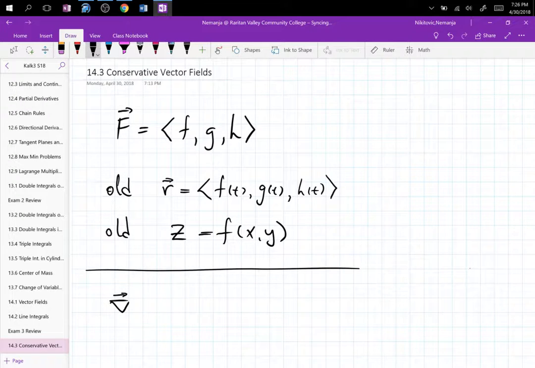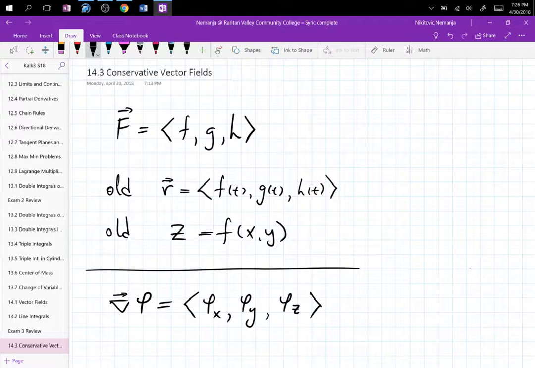let's say, I don't know, whatever, function g, no, can't use g, can't use any of these. Well, we use phi. We get the partial derivative with respect to x, partial derivative with respect to y, partial derivative, let's say, with respect to z, as a 3D.